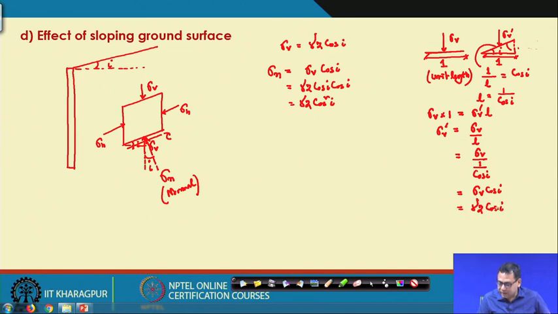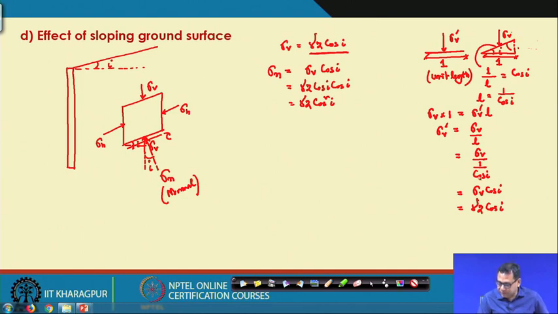So this is gamma z cos i. Here the stress which is acting I am making as sigma v, or you can use this as sigma v dash and this one as sigma v. Whatever it is, in that case your sigma v dash will be gamma into z.